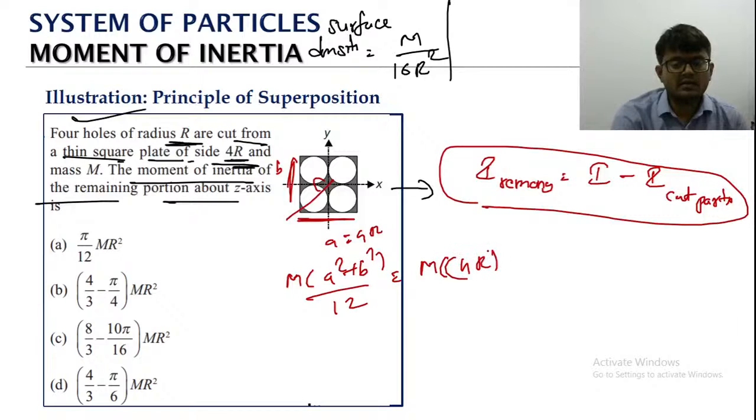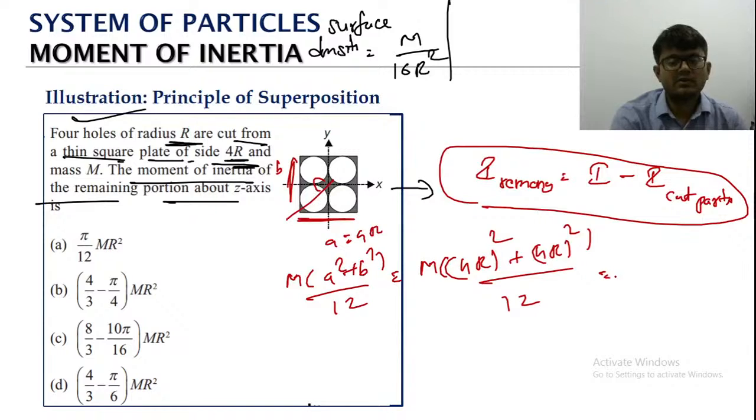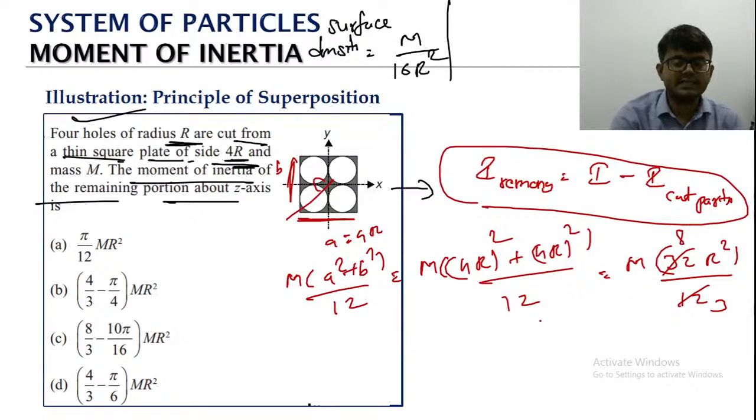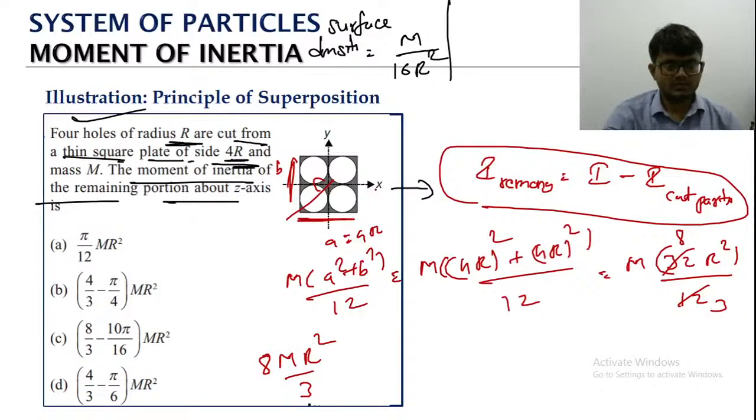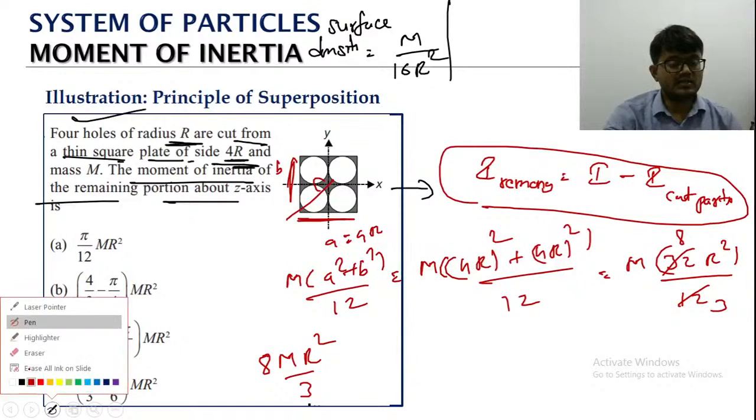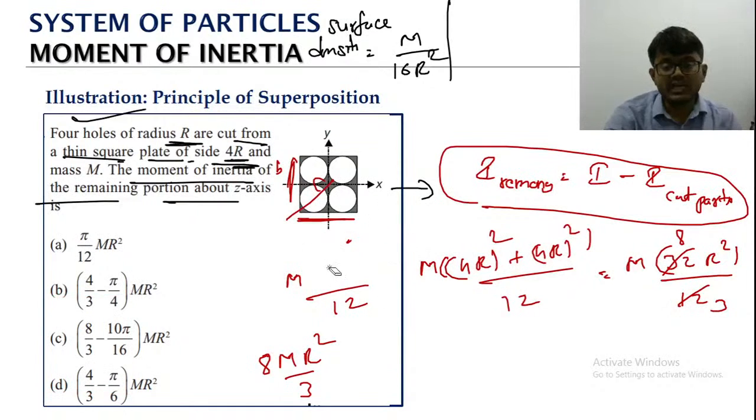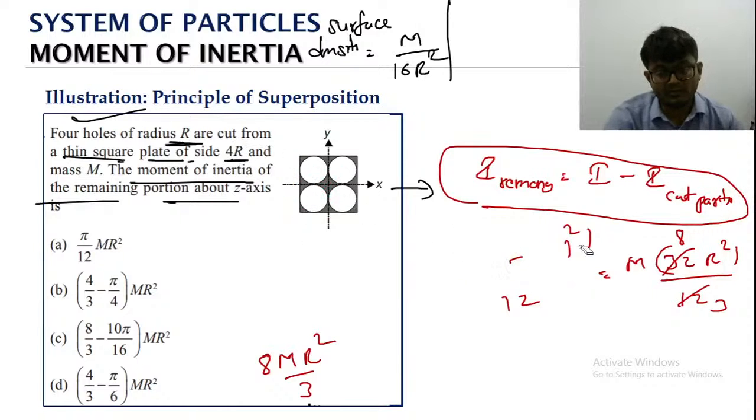So M into (4r square plus 4r square) divided by 12. 4r the whole square means 16r square, so 16 plus 16 is 32. 4 3s are 12, 4 8s are 32, so it is 8 Mr square by 3. This is the moment of inertia of the original sheet from which we were cutting these portions.